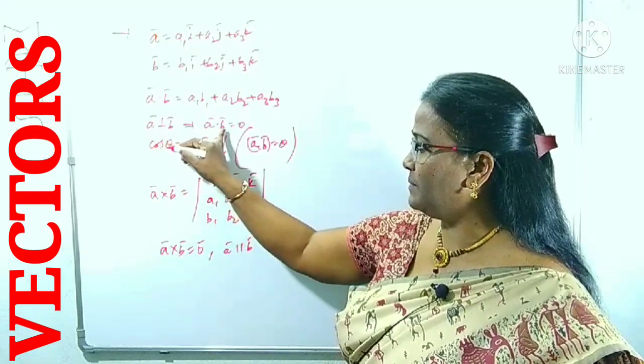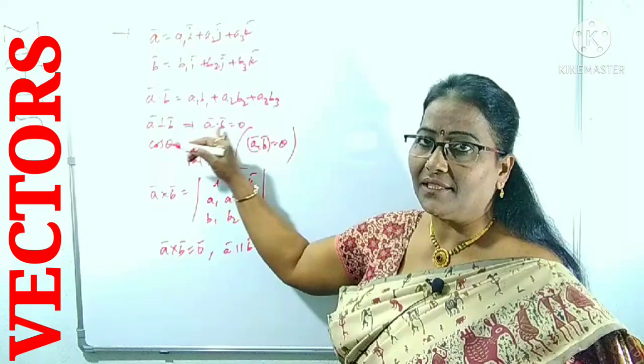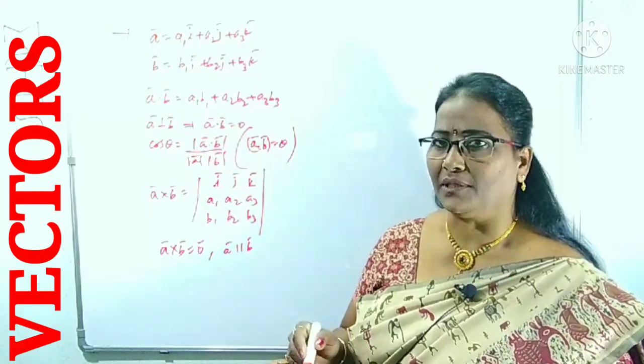Here also A dot B is 0 when A is perpendicular to B, or either A is a zero vector or B is a zero vector.